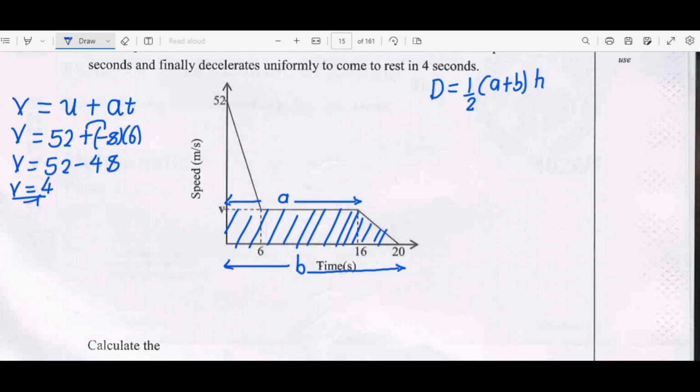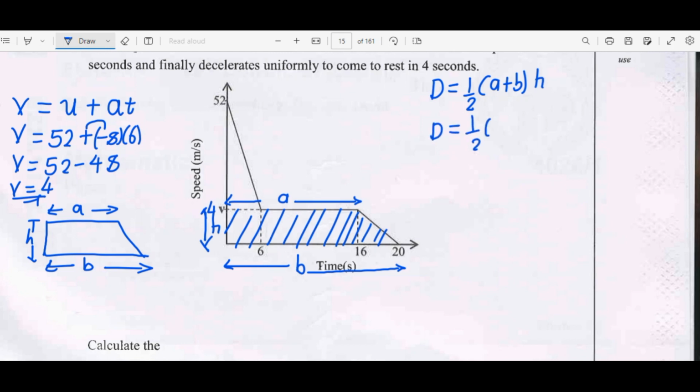Maybe to redraw the diagram, if you have a trapezium in a shape like this one, the a is this value, then our b is this value, and our height is this value here. So the height will be the distance from this point up to this point, and remember the value of v is 4. So now let's do substitution.